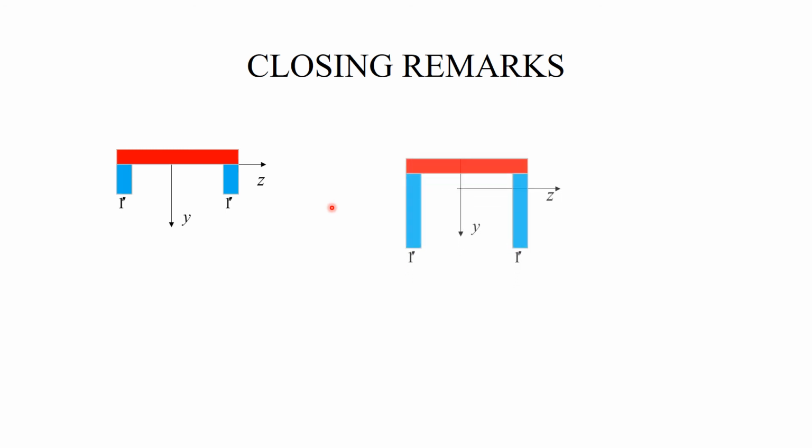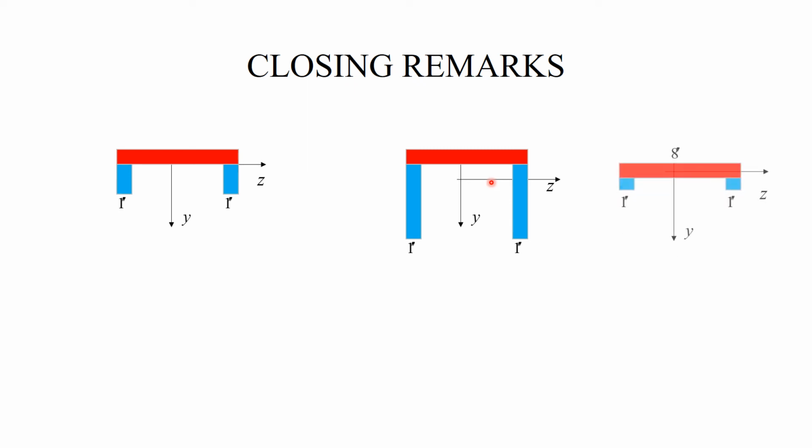To conclude this example, I would like to point out that if this is our original cross section, there are possibilities for two other designs. In this design, the webs are longer than in the original one, and as a result, the centroid shifts down. So that's how the z-axis looks.